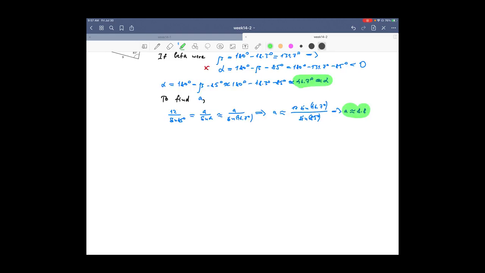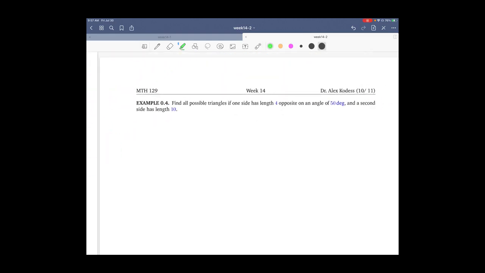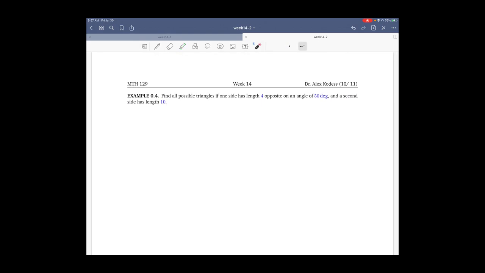In the next problem, we're not given any picture. We need to find all possible triangles if one side has length 4 and its opposite an angle which is 50 degrees. And a second side has length 10.